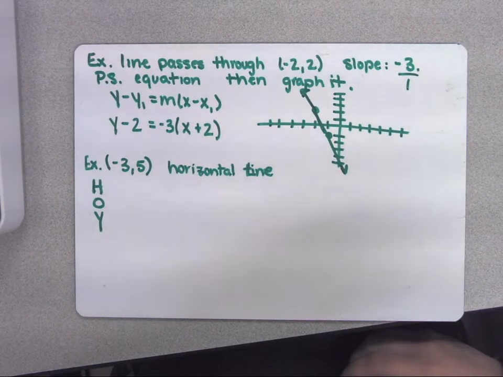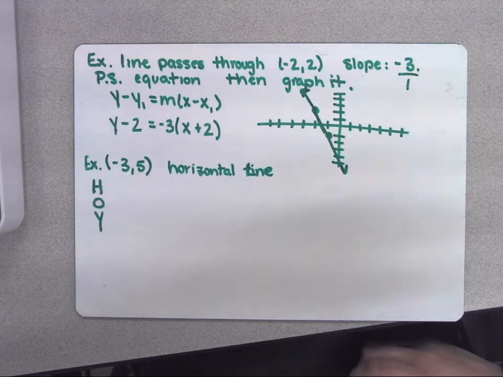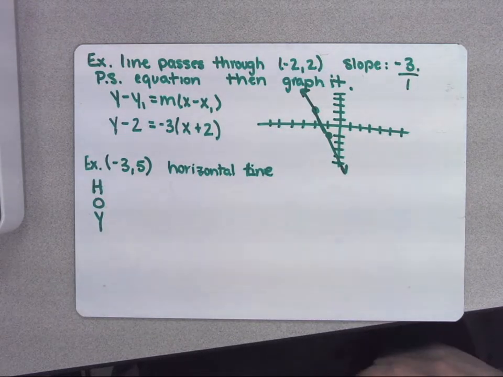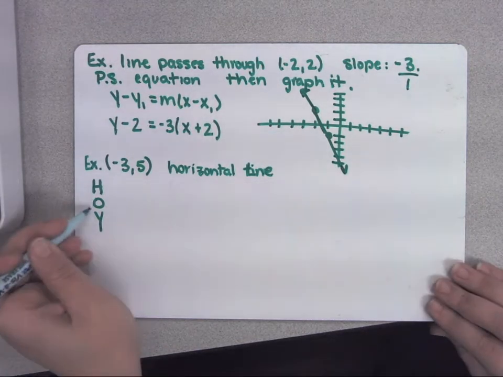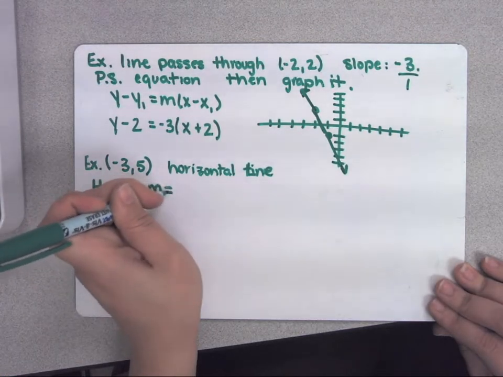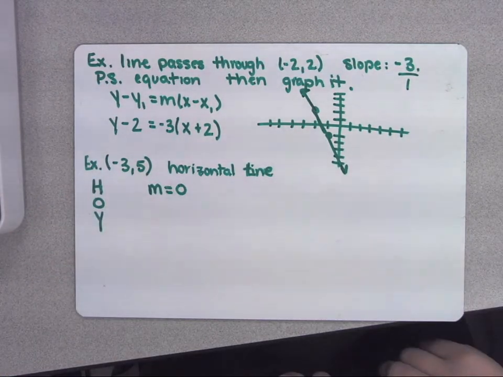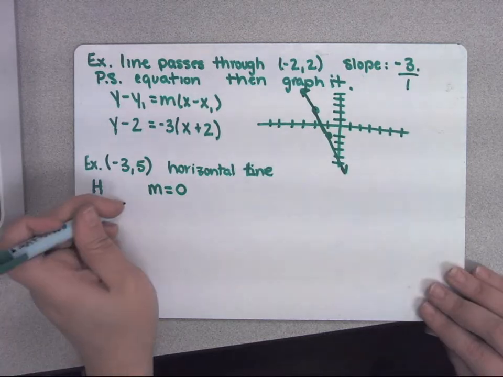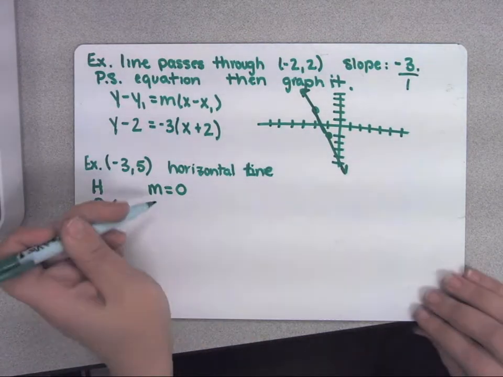You're thinking about what the line looks like. What's the slope? It's 0. That's what the O stands for. That means M equals 0. That middle guy right there, he just told us that answer.